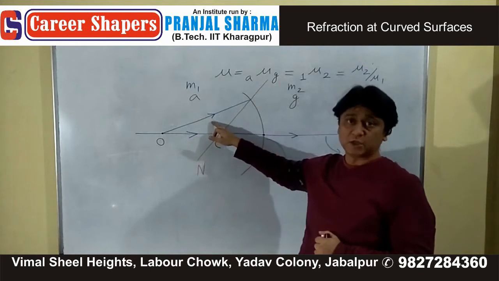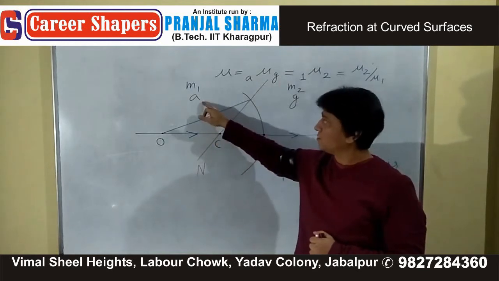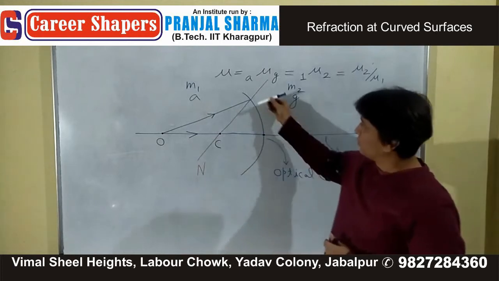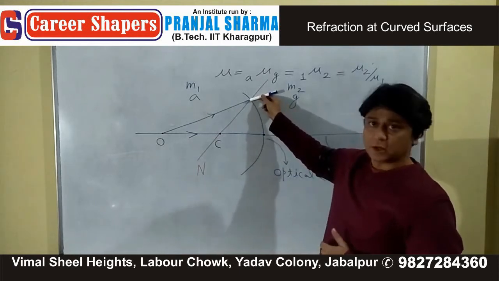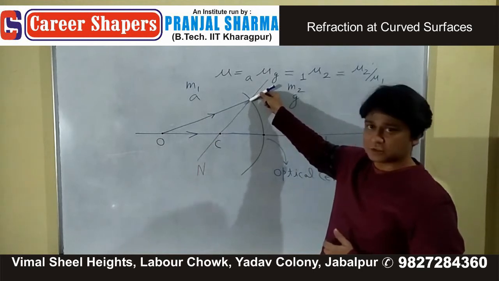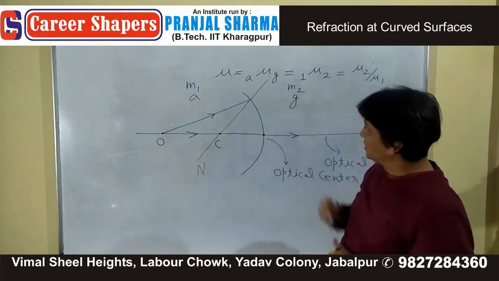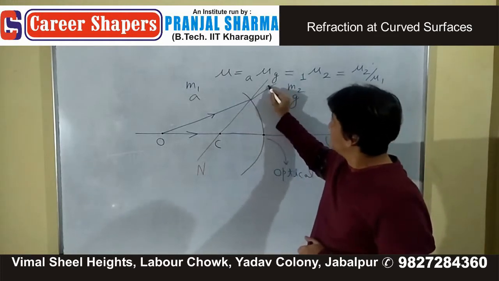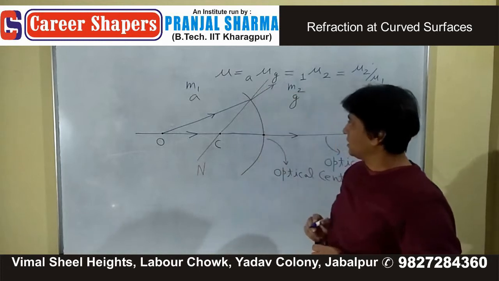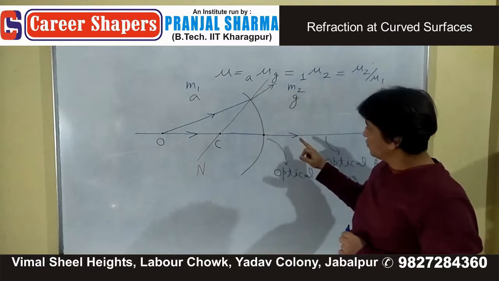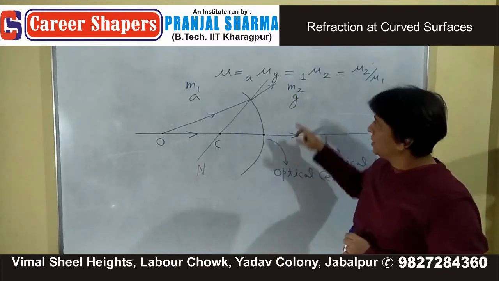This incident ray is moving from rarer medium into denser medium, and therefore it will deflect towards the normal like this. That's your refracted ray. Second refracted ray, first refracted ray.